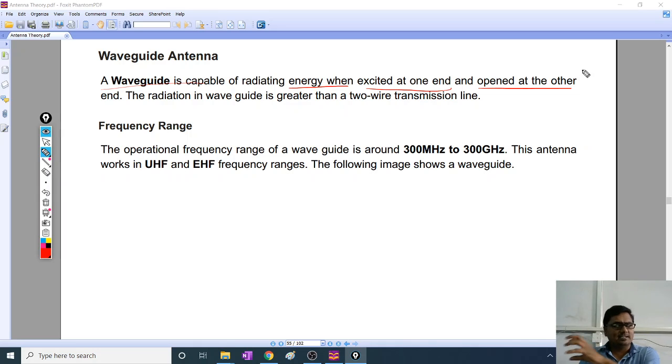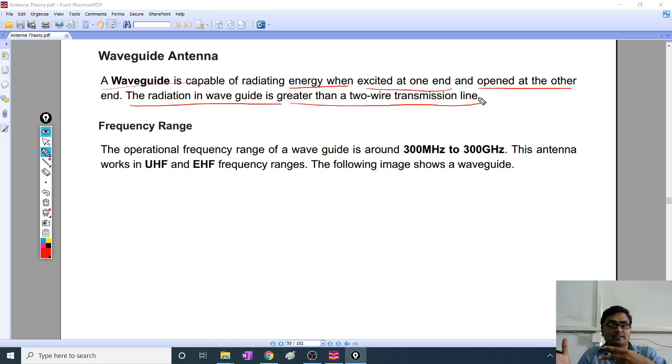Obviously, waveguides are open at the other end with some surface area and fed at the first end. The radiation in a waveguide is greater than in a two-wire transmission line. A two-wire transmission line will radiate, no problem, but when it is terminated with some surface area, it will radiate more.